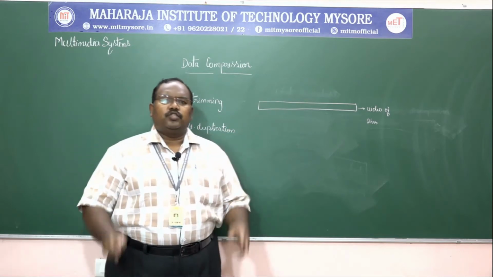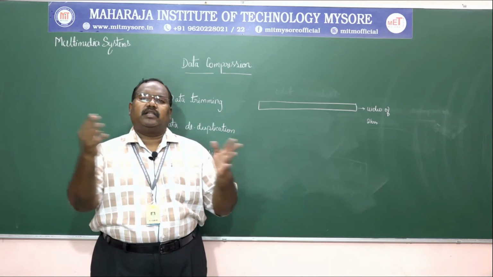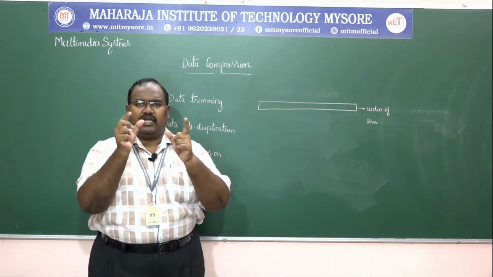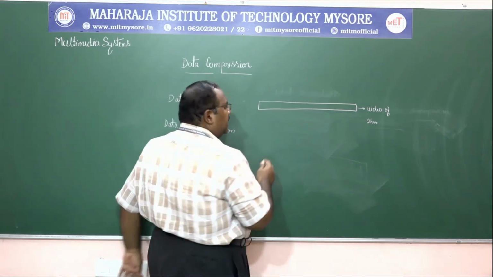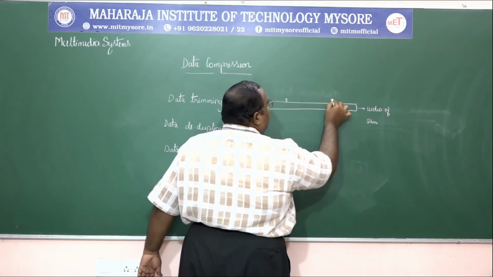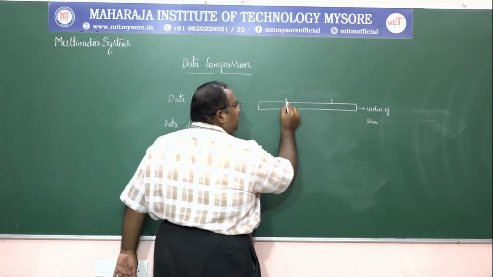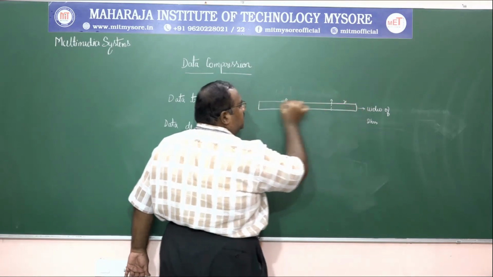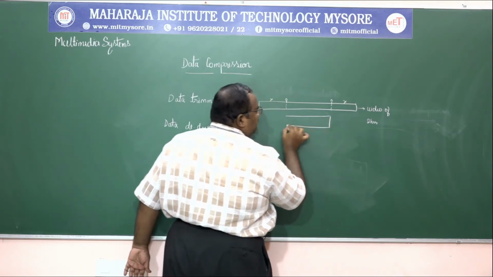You know very well, chopping off particular portions, the unwanted things, excluding them and retaining the wanted portion is called trimming. Now I edit here at this point and again at this point. I cut here and also cut here. Now I will exclude this, and I retain this.